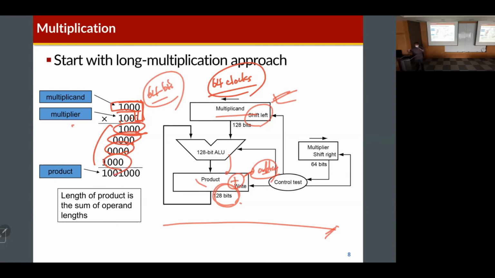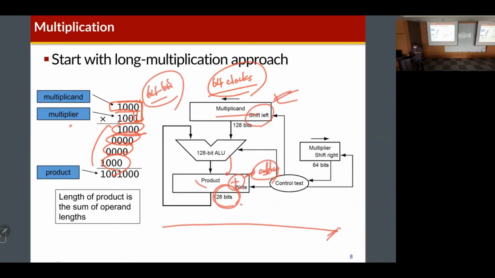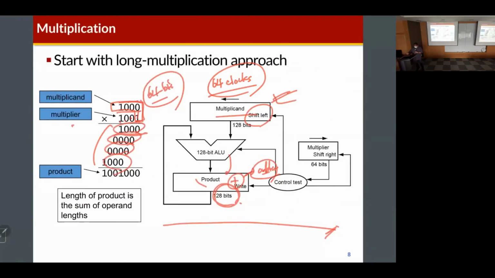So if we use 64-bit data, the multiplier may generate 64 partial products. Right, and then these partial products are added again and again.